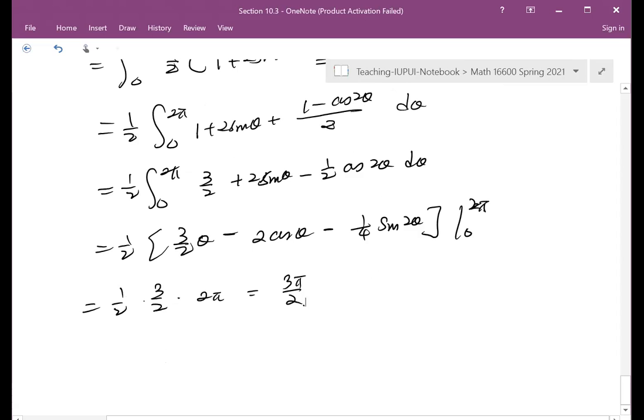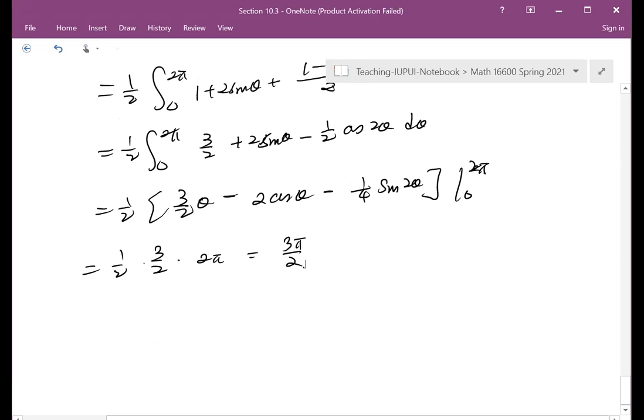And similarly, you can compute the area of other similar graphs. Okay?